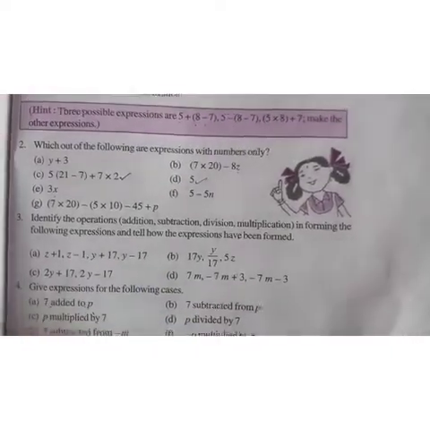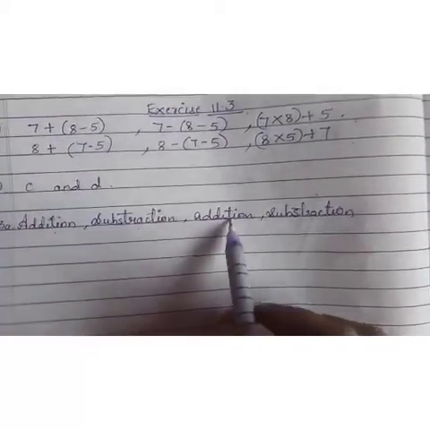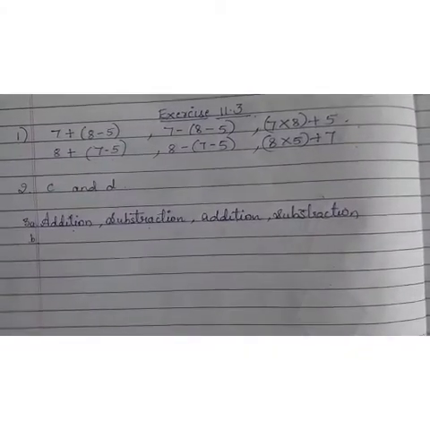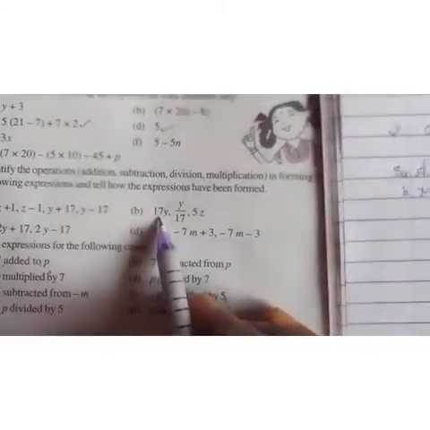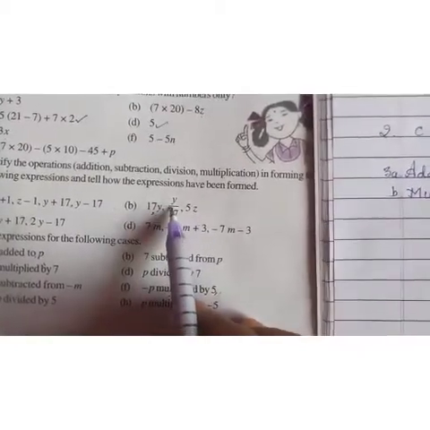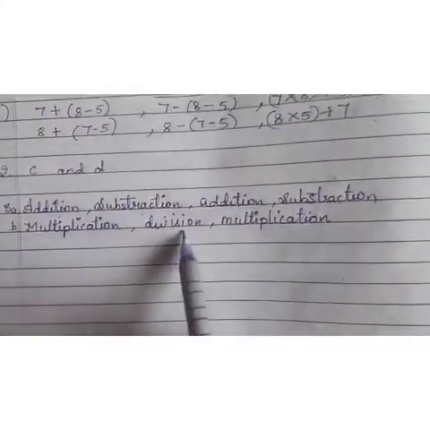So children, you have to write addition, subtraction, addition, subtraction. Similarly, now let us go for B. B question, 17y, here we have multiplication, y upon 17, it is division, 5z, again multiplication. So you write multiplication, division, multiplication.